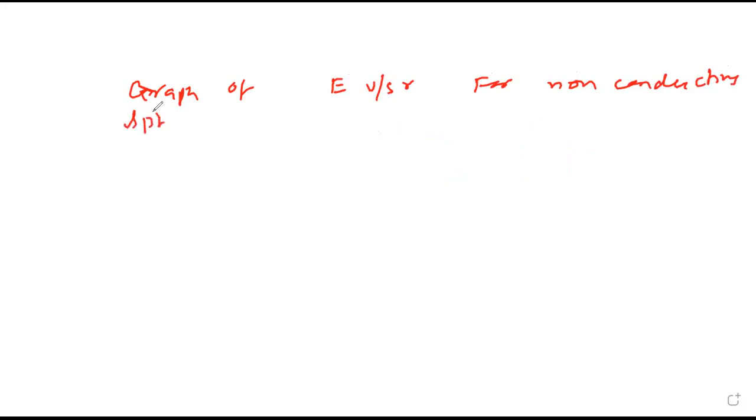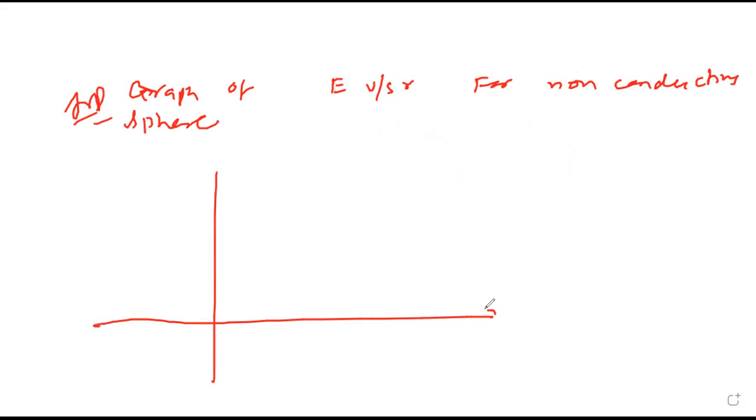Graph of E versus r for a non-conducting sphere. Important graph here. In this case, if point is inside, then we got E as rho r upon 3 epsilon naught.